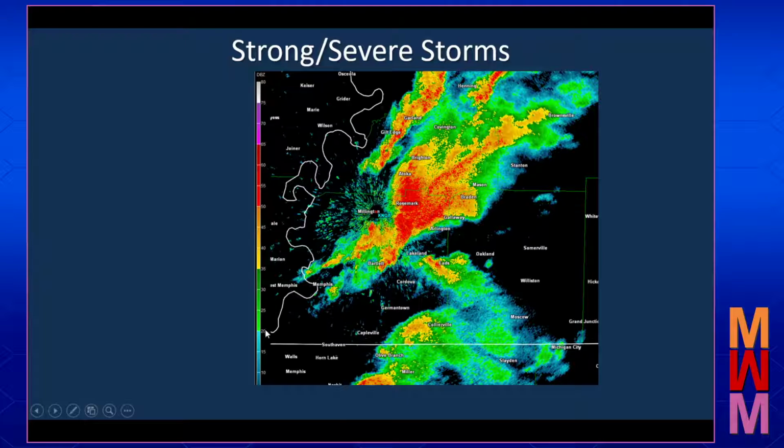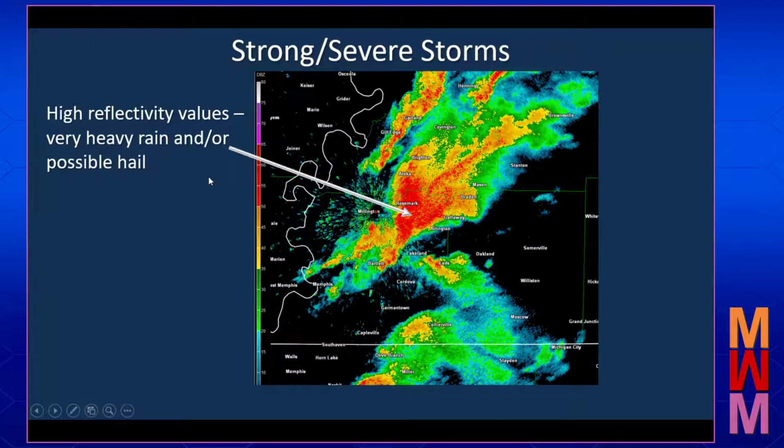Now, typically, reflectivity values may range as low as the teens or the 20s, up into the 60s and 70s even. High reflectivity values, if we see values in the mid to upper 50s, that can suggest very heavy rain. If we start seeing values in the 60s, maybe pushing 70, that could suggest possibly hail with the storm as well.